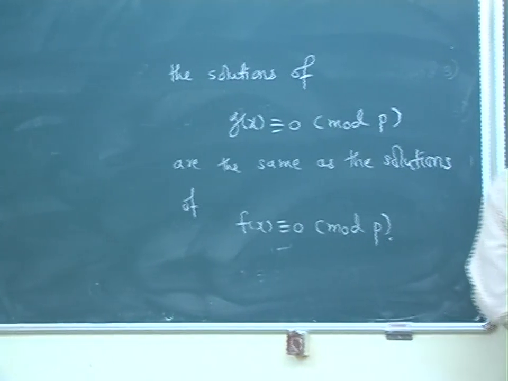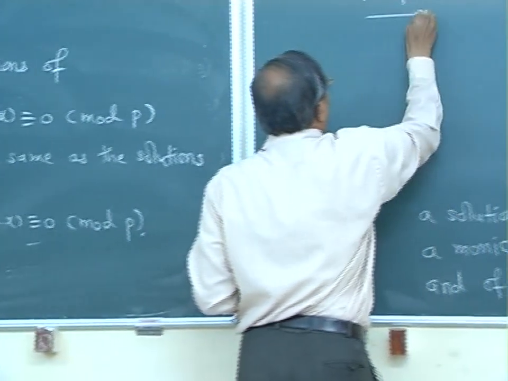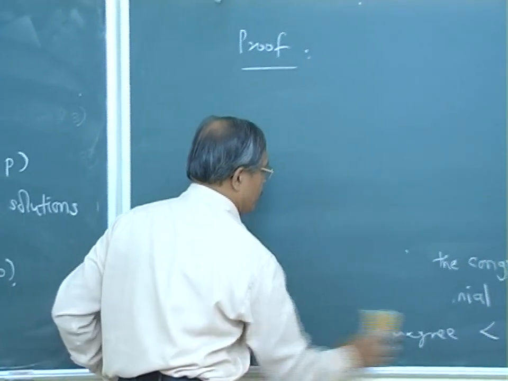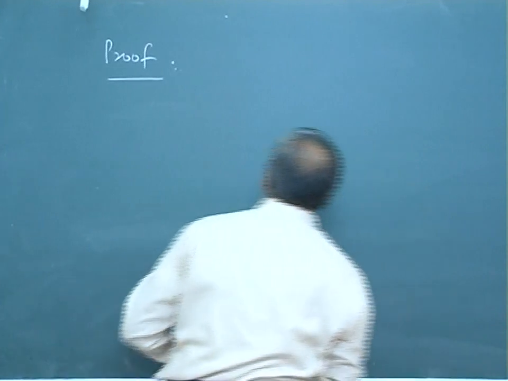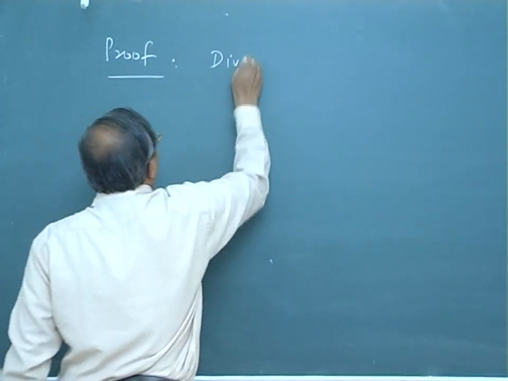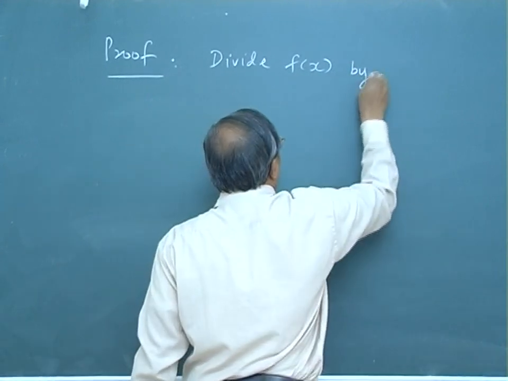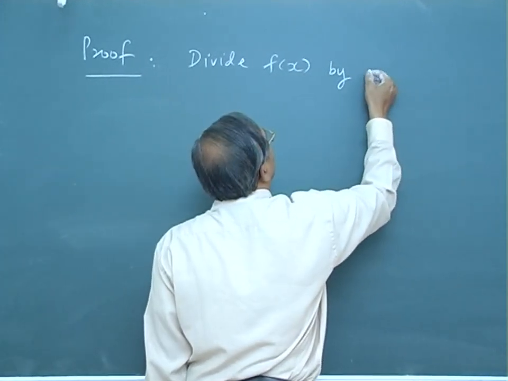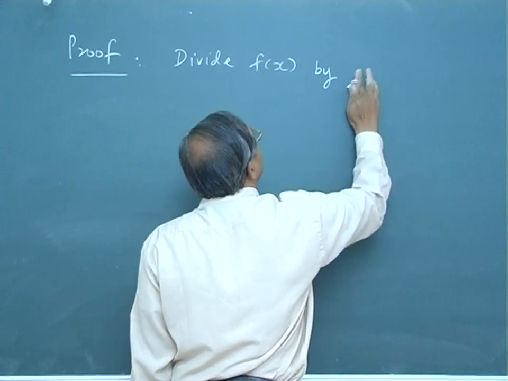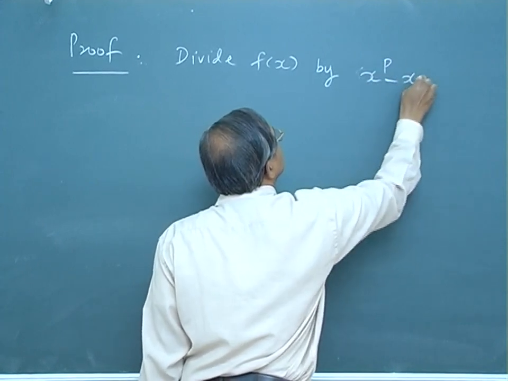So proof: divide f(x) by x raised to p minus x.